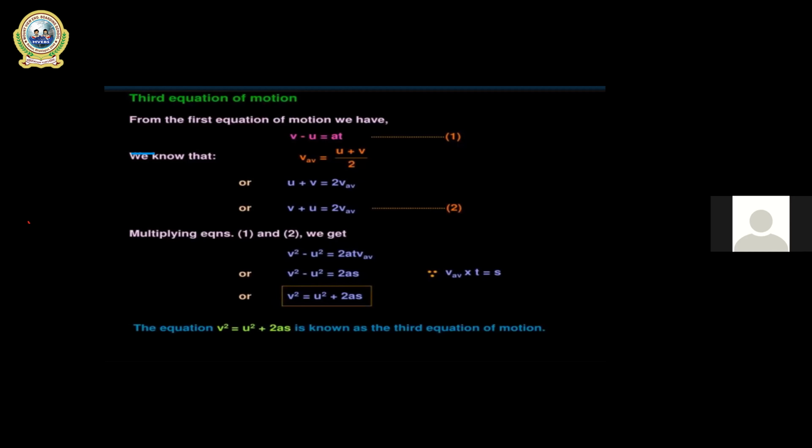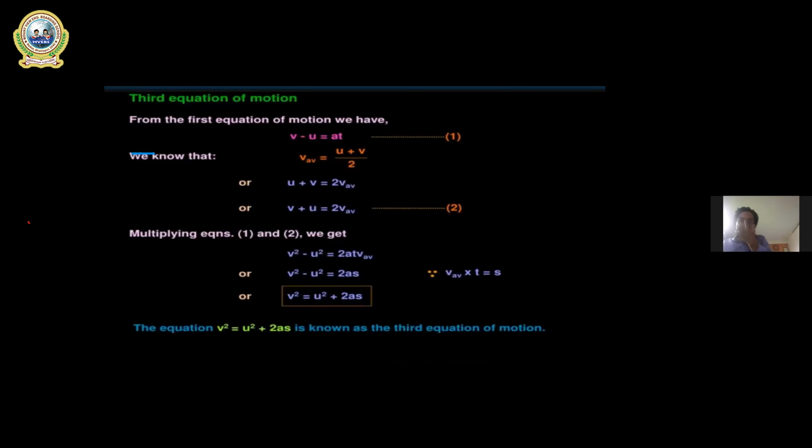And to derive this equation also, class 9, please, you have to start with the language. You have to consider a body moving with initial velocity u, with acceleration a, and it gains final velocity v after time t, which covers displacement small s. And after writing that language, then you can start from here.